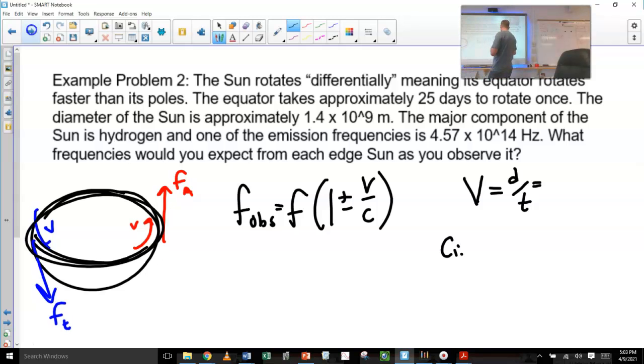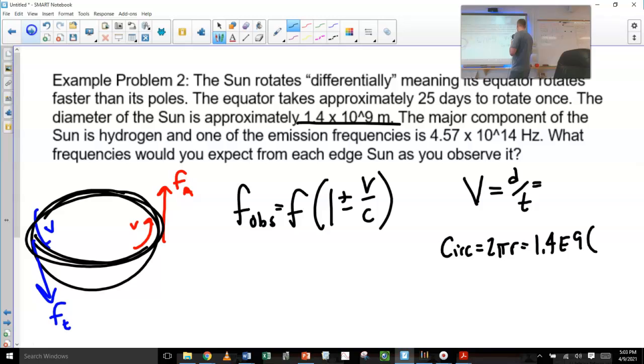So the circumference is 2 pi times the radius, or pi times the diameter, and they gave me the diameter. So I'm going to take 1.4 times 10 to the 9th, multiply by 3.14, or pi, and you end up with 4.4 times 10 to the 9th meters. So that's the distance that it travels.